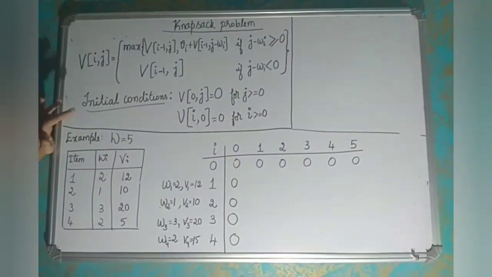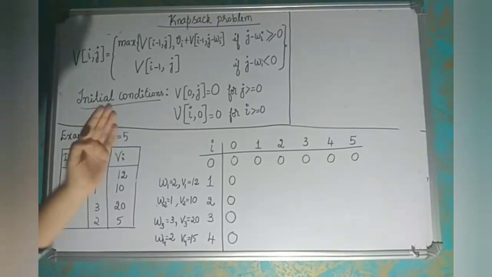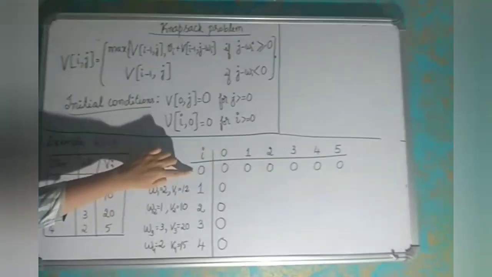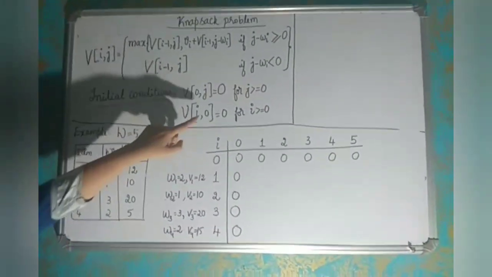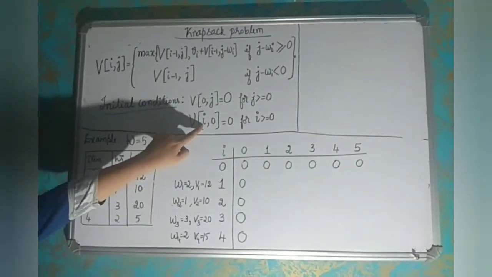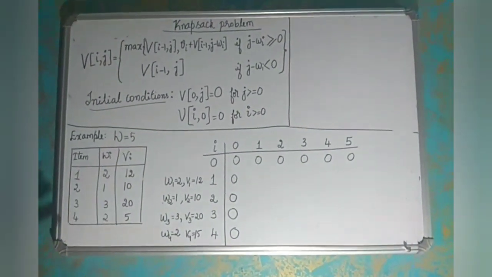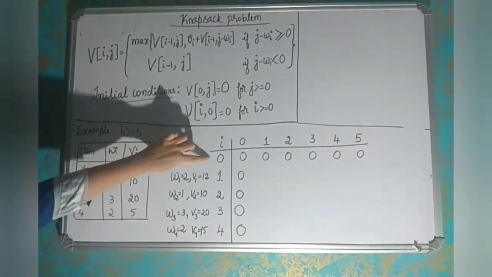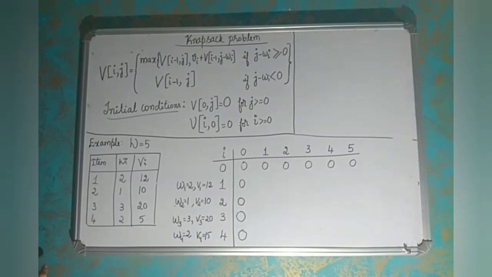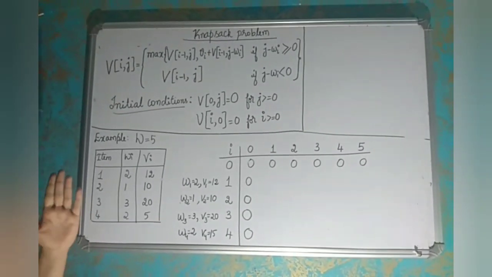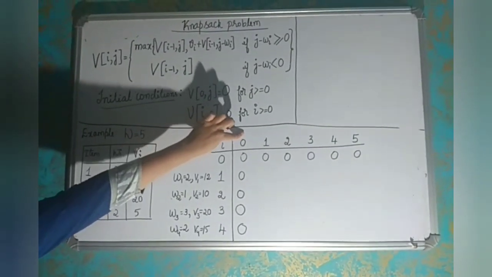We know that V of 0, j, whatever be the value of the column, if the row is 0, then all the entries must be 0. If the column is 0, whatever be the value of the row, then the value should be 0. So what does it indicate? Suppose there are no items at all, and in this case the capacity of the bag is also 0.